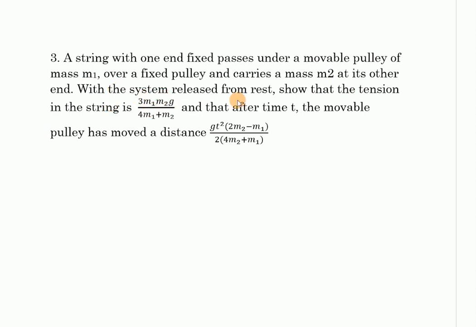With the system released from rest, show that the tension in the string is 3M1M2g divided by 4M2 plus M1, and that after time t, the movable pulley has moved a distance gt squared into 2M2 minus M1 divided by 2 into 4M2 plus M1.